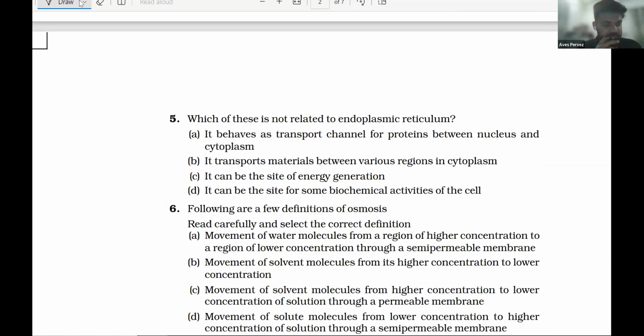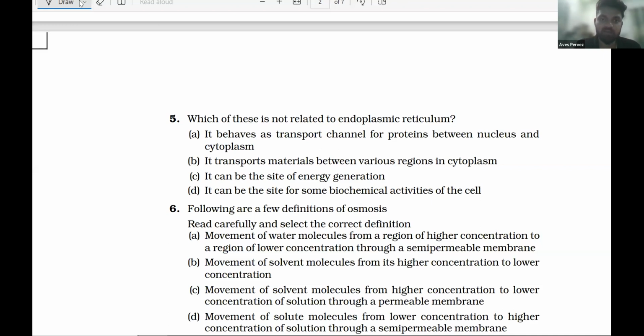Question number 5. Which of the following is not related to endoplasmic reticulum? It behaves as a transport channel for protein between the nucleus and the cytoplasm.